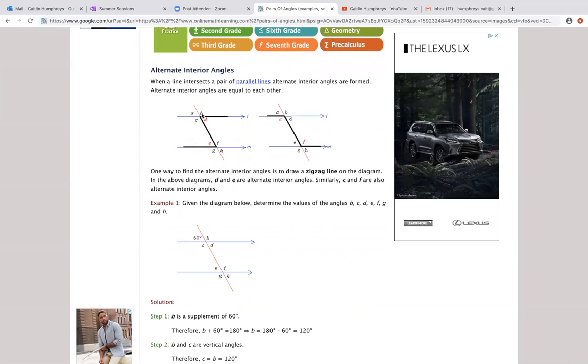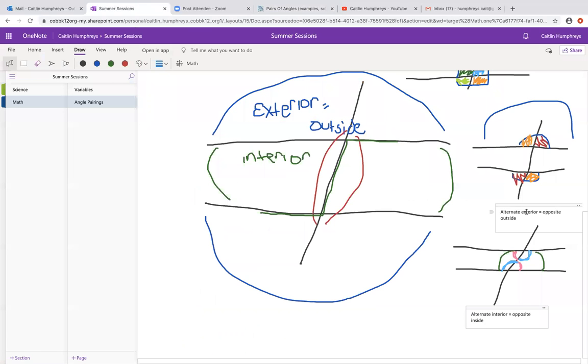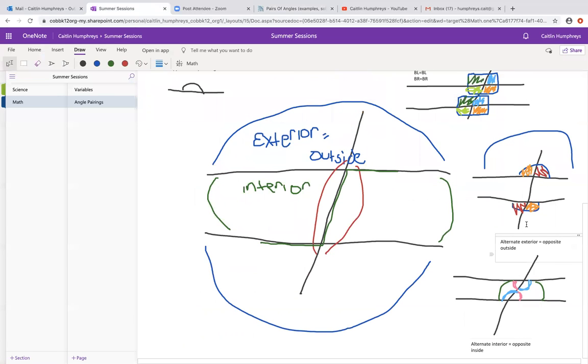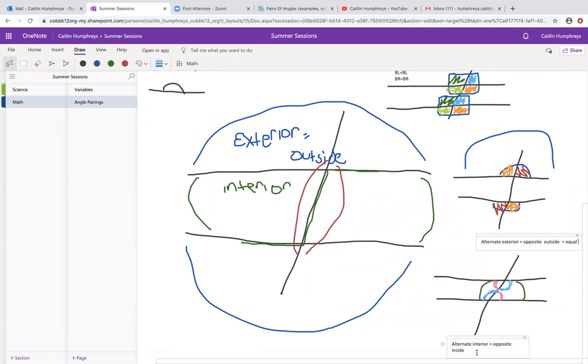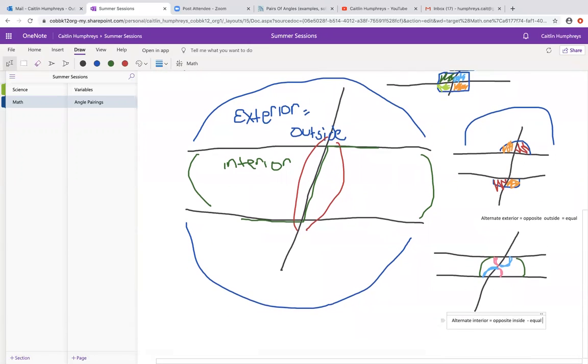So you can do the Z or you can do a figure eight to figure that one out. It's completely up to you. But those are both equal to each other. So we have equal. Okay.